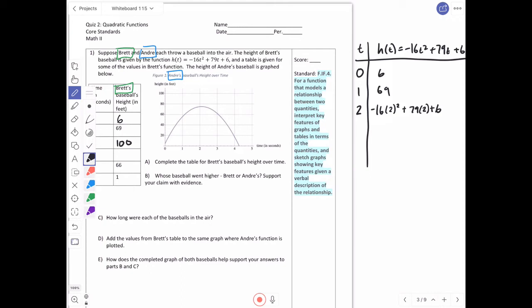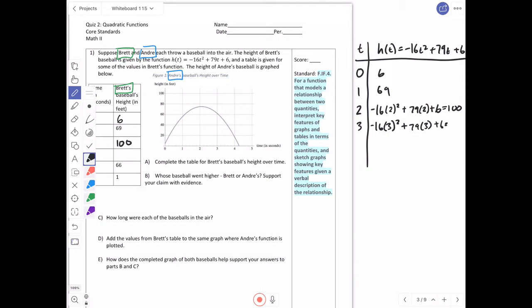And then 3: negative 16 times 3 squared plus 79 times 3 plus 6.